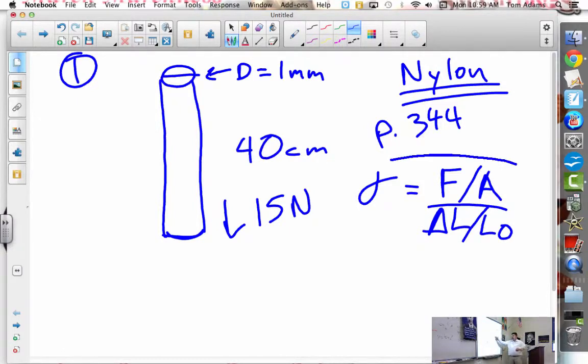And that's the formula we need to use. And then this right here is gamma, but that's really Young's modulus.